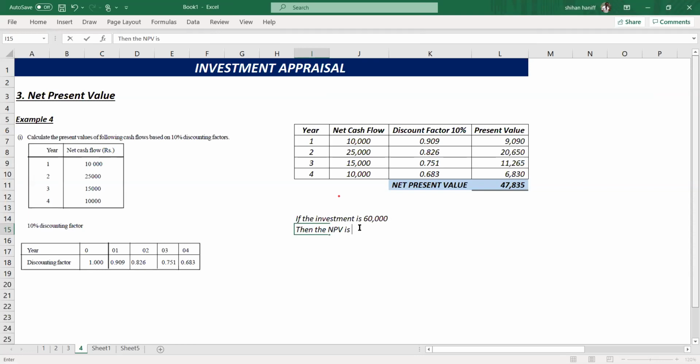Equals 60,000 minus 47,8, 12,000. So if the NPV is positive, we will take up the project. If the NPV is negative, we don't take the project.